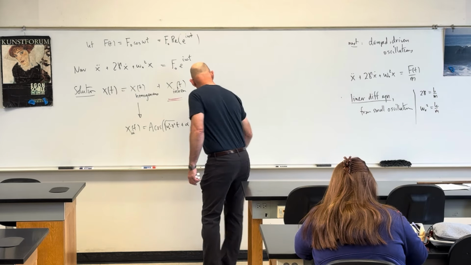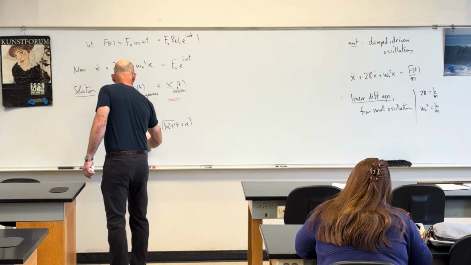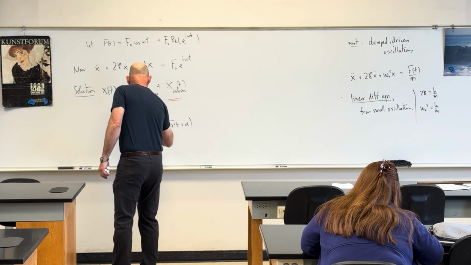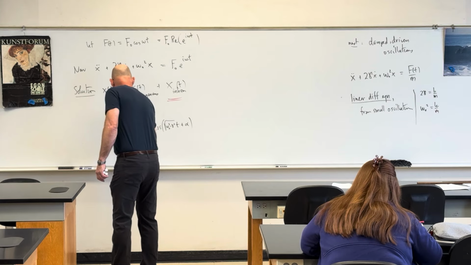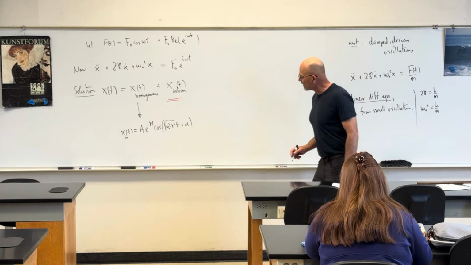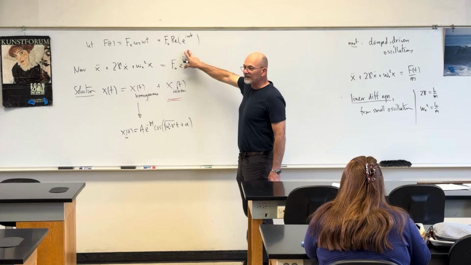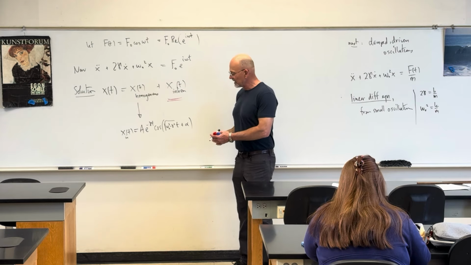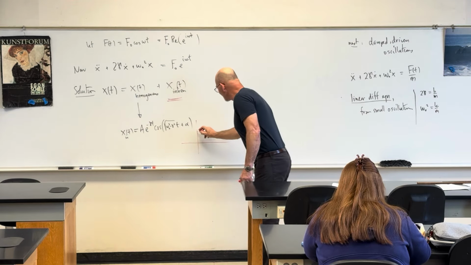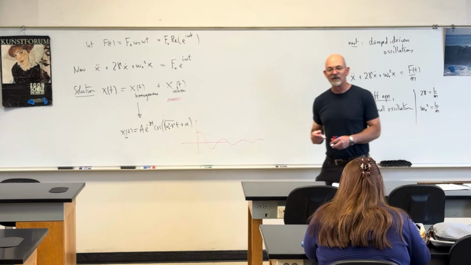Actually, back up there: A e to the minus gamma t. Before we pursue this too far, we have to remind ourselves that that was the solution without the driving force. You've got your oscillator, and you graph this thing, you're roughly seeing it decay exponentially after so and so many oscillations.